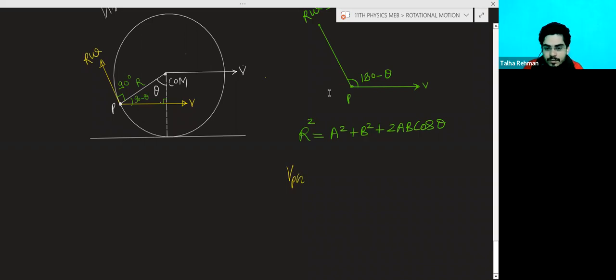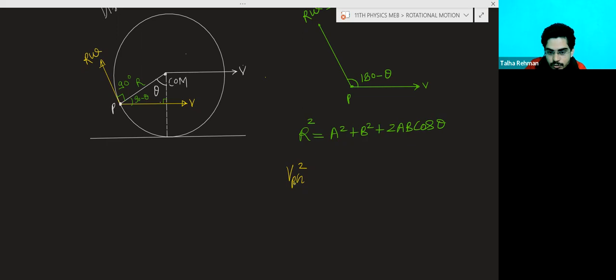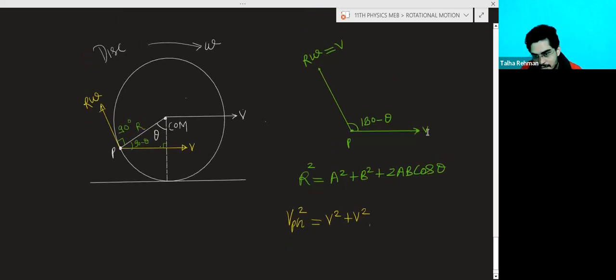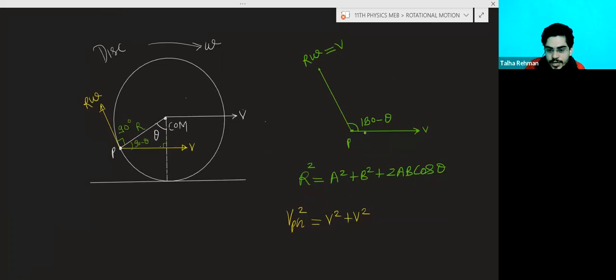And this is equal to A square, meaning v square, plus B square, meaning v square. Here you can take any one as the A vector, and the other as the B vector. Now 2AB means 2 v into v, that is 2 v square, and cos of 180 minus theta.